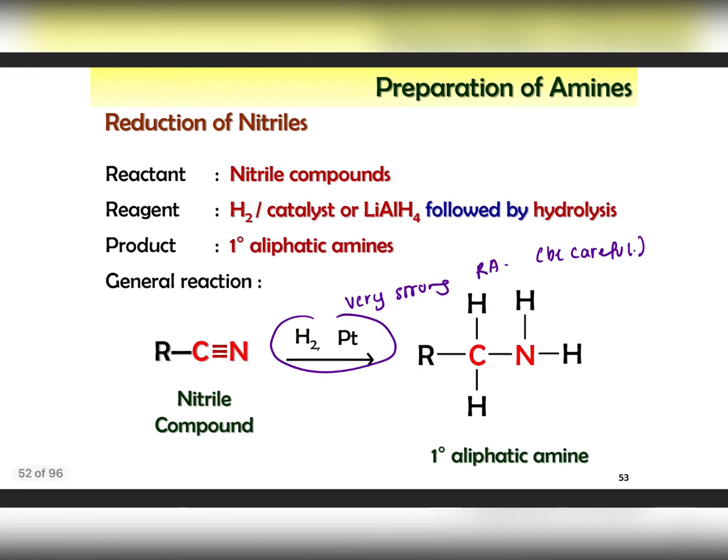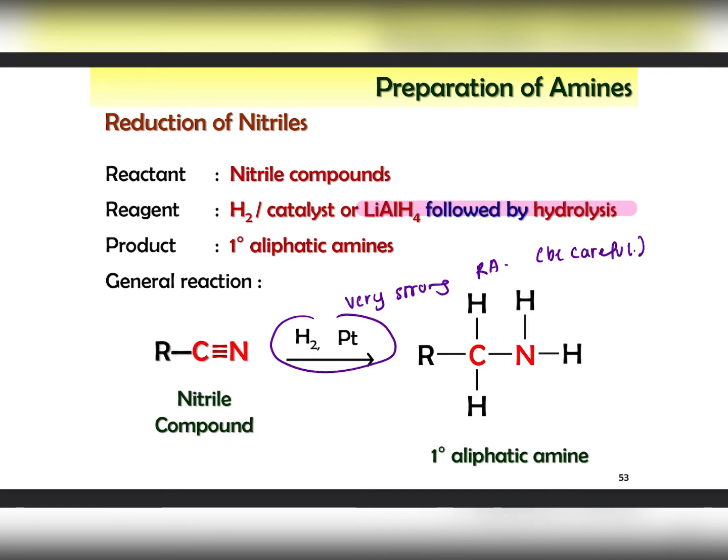Alright, so next kita tengok reduction of nitrile compound. So this one we have seen before, and we can use reducing agents such as hydrogen with metal catalyst ataupun lithium aluminium hydride followed by hydrolysis. But it is better for you untuk guna ini sahaja.